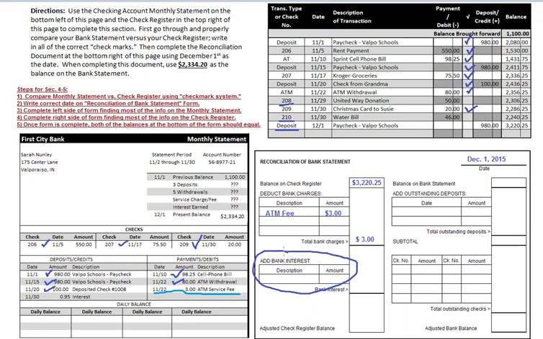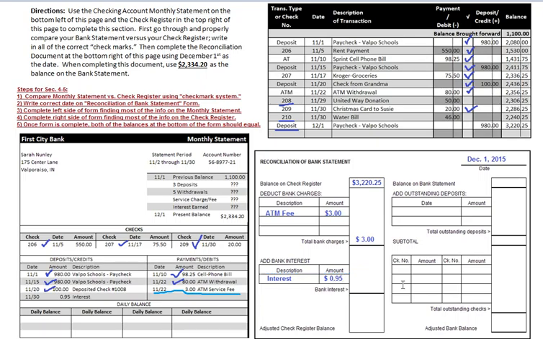Bank interest. I continue to go back to the bank statement to find the bank interest. And if you're looking over here in the deposits section, you see that 95 cents in interest was added to our account. Notice that word add that I'm using. So we write out just a quick little description, and we can just put the word interest. Nothing too fancy. And we put 0.95, 95 cents.